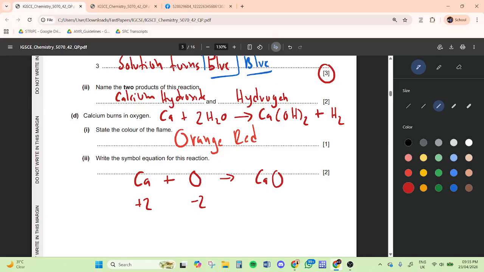But here's the thing, you're not going to have just O, right? So this is going to be O2, but suddenly it's imbalanced. You have 2 oxygen here, 1 oxygen here. So you're going to put a 2 over here. And again, you've got 2 calcium here, 1 calcium here. Very easy fix. You just put a nice simple 2 over there, and you've got yourself a balanced equation.